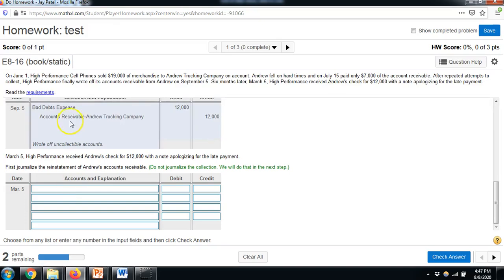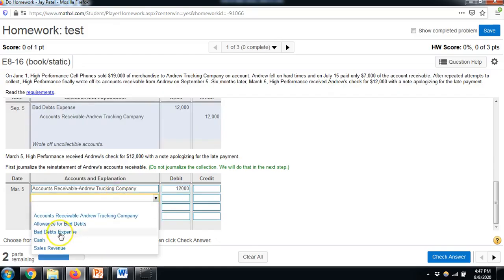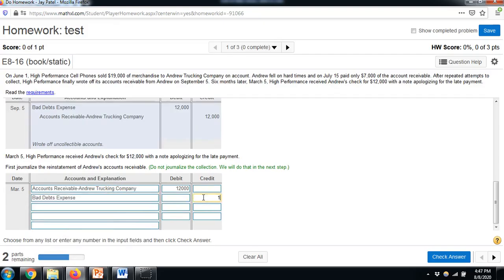We're first going to reverse this entry. So we're going to debit accounts receivable. We are going to credit our bad debt expense. So now, after doing this, we've basically undone this entry here.